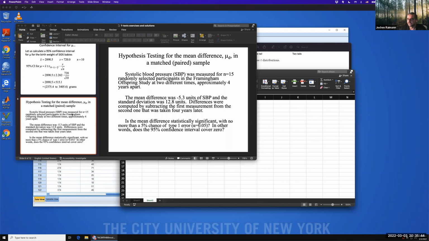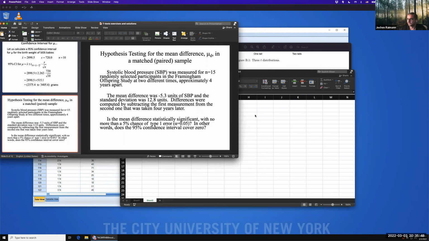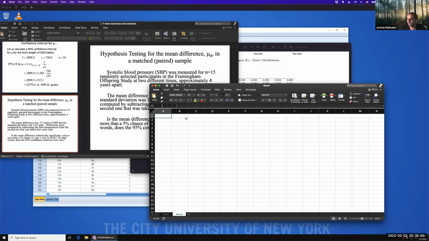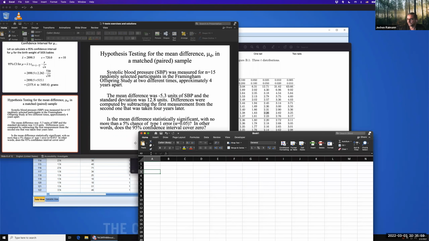Okay, same example. Systolic blood pressure was measured for a sample of 15 individuals. Now this is a little different, because we have a paired sample.